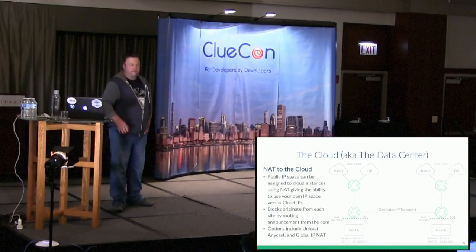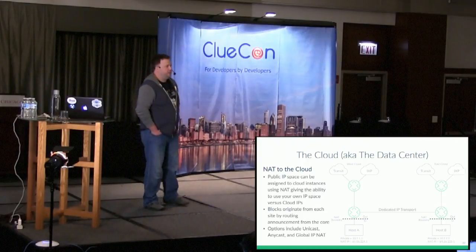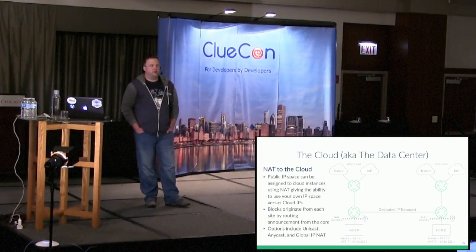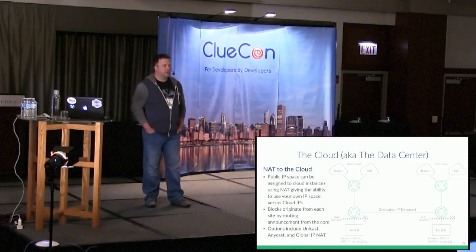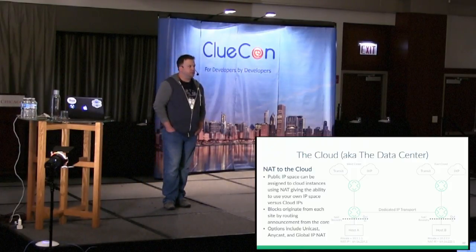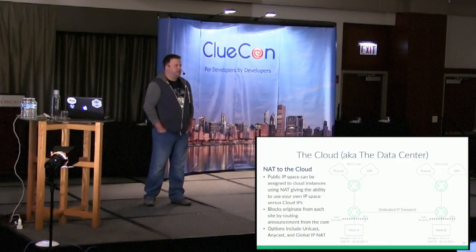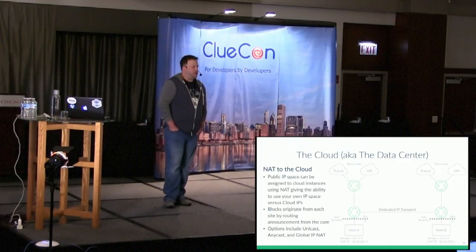Okay, so all this stuff is great. We have clouds, we have interconnection, we have cross-connects and connectivity to major service providers, major cloud providers. We have our own backbone. So how do we actually get these instances to talk to the outside world when they were likely meant to only use the IP space of the cloud provider in question? So what we're actually doing there is we're announcing a default route into the cloud.